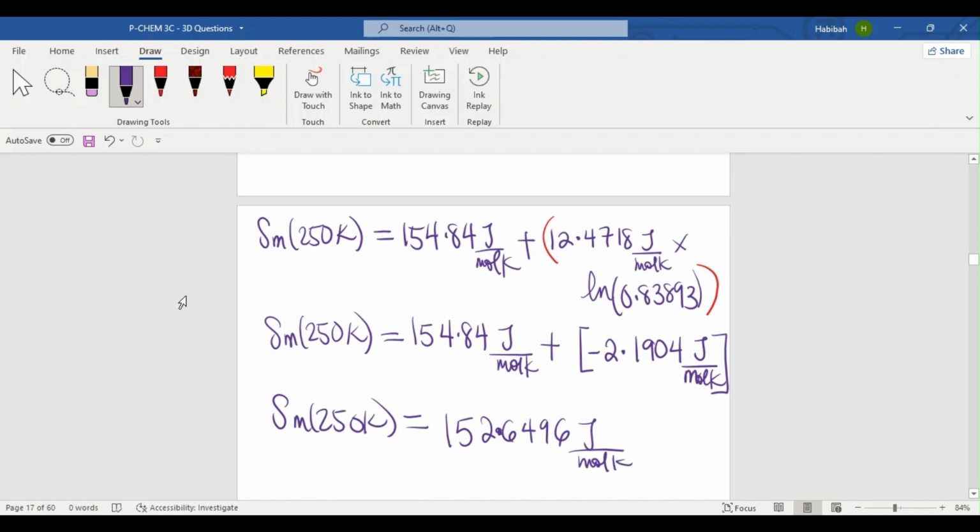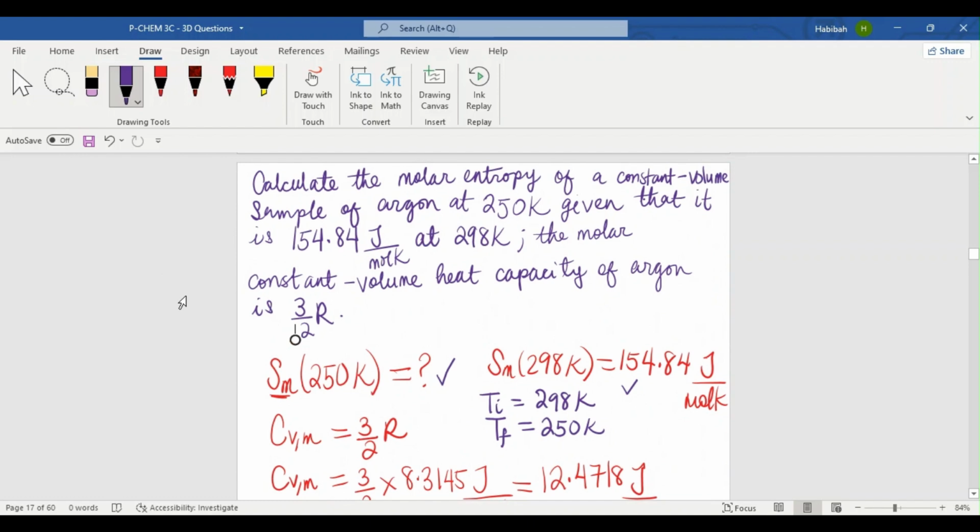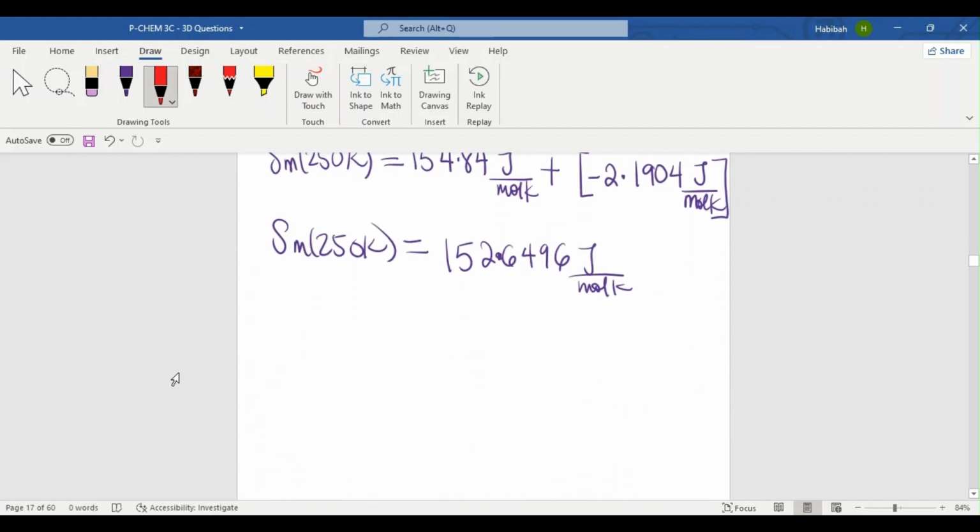Now, if we go back to our question, we see that the molar entropy for the initial temperature was given to us in two decimal places. So we're going to take that into account and put our final answer in two decimal places. So our molar entropy at 250 Kelvin is going to be 152.65 joule per mole Kelvin.